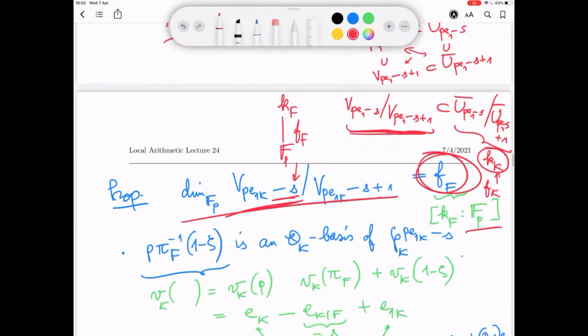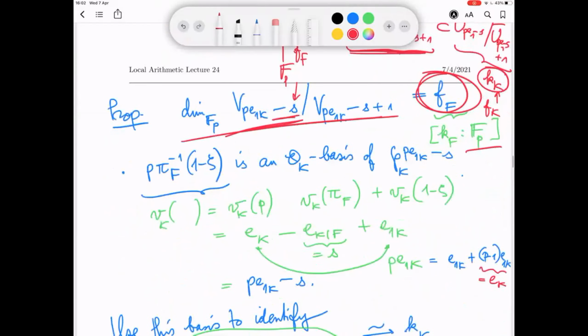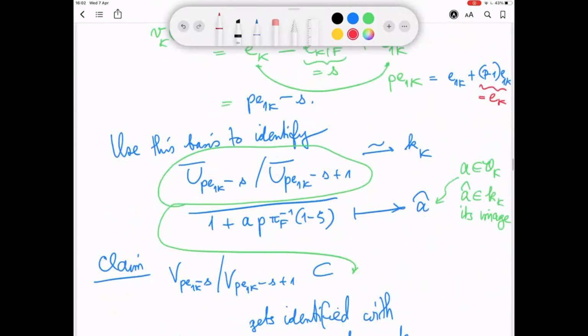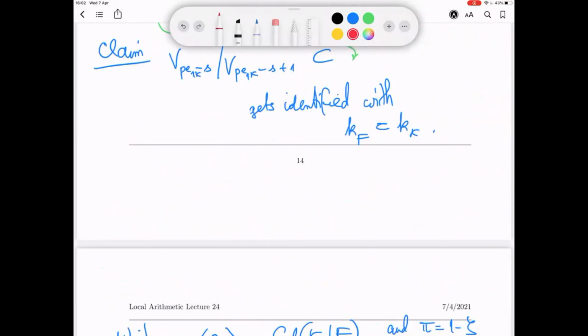So the point of all this calculation is to show that this PE1 minus S modulo PE1 minus S plus 1 contain U PE1 minus S bar modulo U PE1 minus S plus 1 bar.